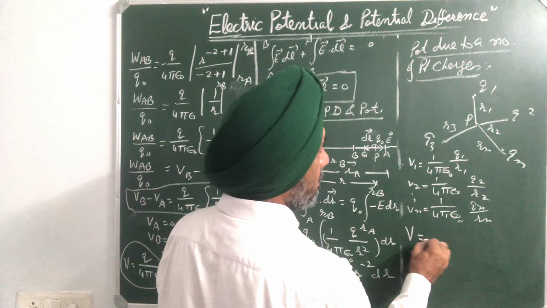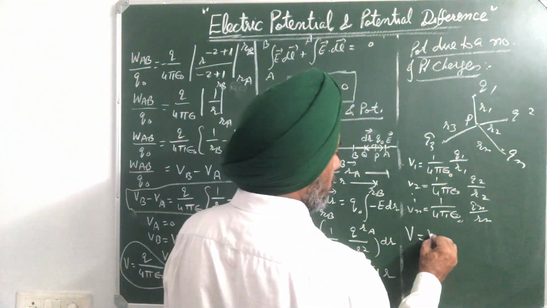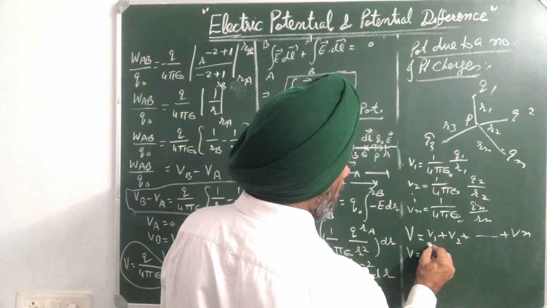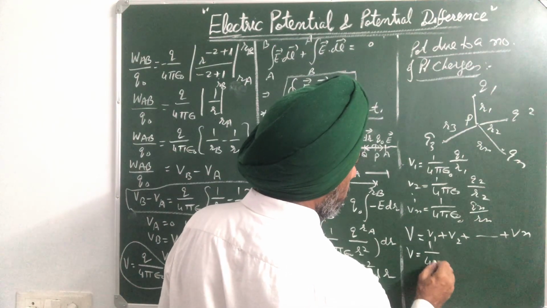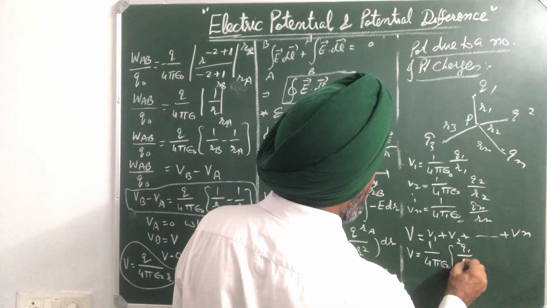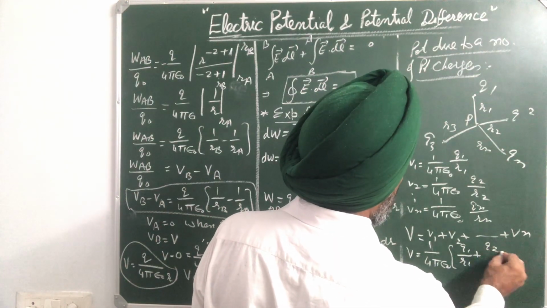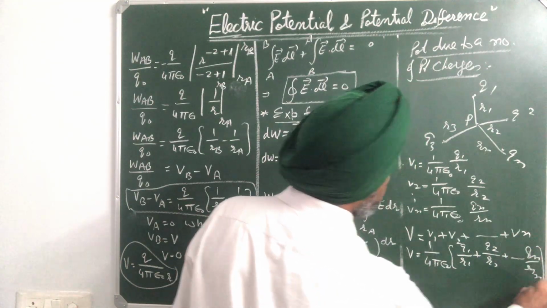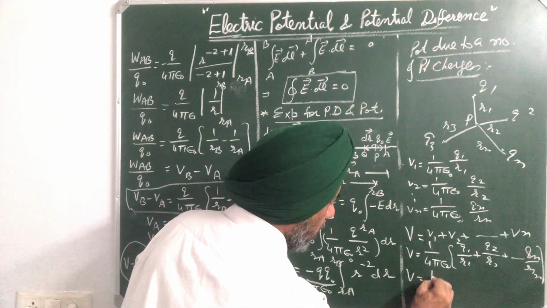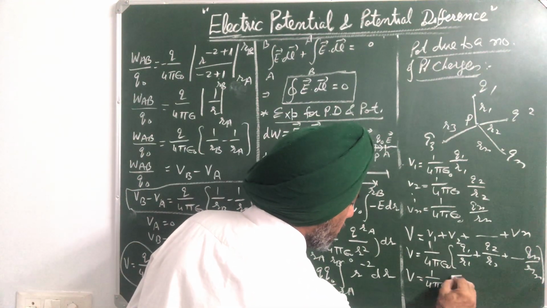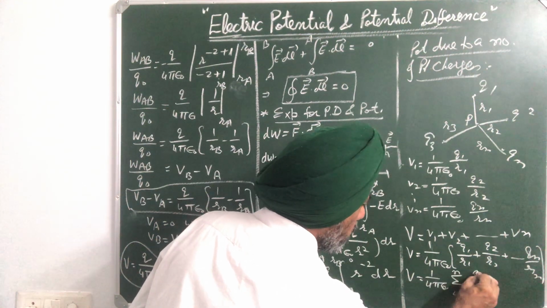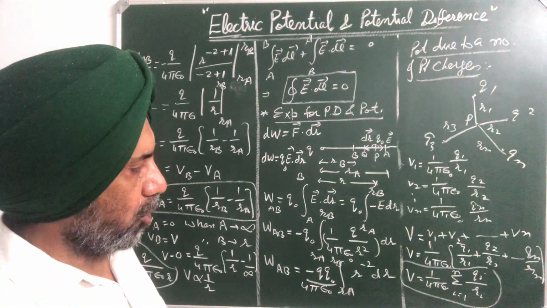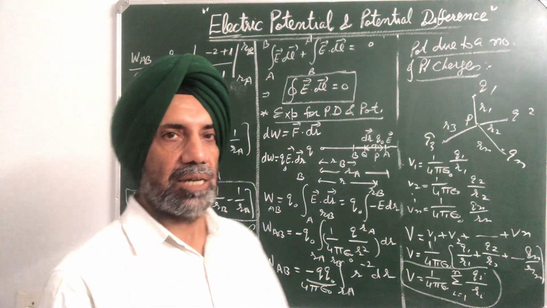So total electric potential at point P is given by V is equal to V1 plus V2 plus so on plus Vn, or V is equal to, 1 upon 4 pi epsilon naught being common, Q1 upon R1 plus Q2 upon R2 plus so on plus Qn upon Rn, or V is equal to 1 over 4 pi epsilon naught summation i is equal to 1 to n Qi upon Ri. So this is the required expression for electric potential due to a number of point charges.